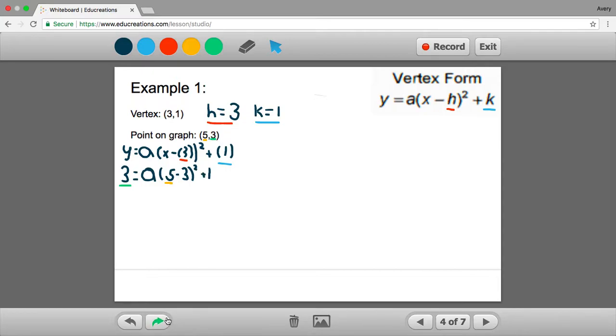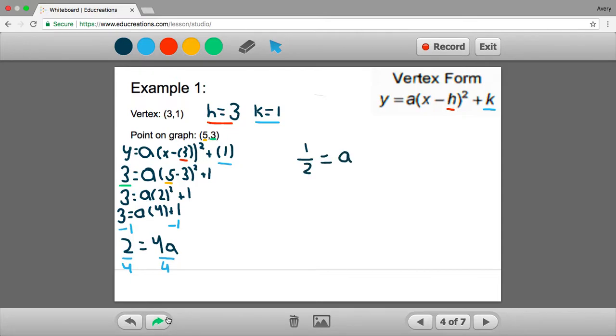Now we're going to simplify that into 3 equals a times 2 squared plus 1. Now we're going to simplify that further into 3 equals a times 4 plus 1. So now we're going to subtract 1 from both sides to give us 2 equals 4a. And now we're going to divide each side by 4 to give us our final a. So that's going to simplify into 1/2 equals a.